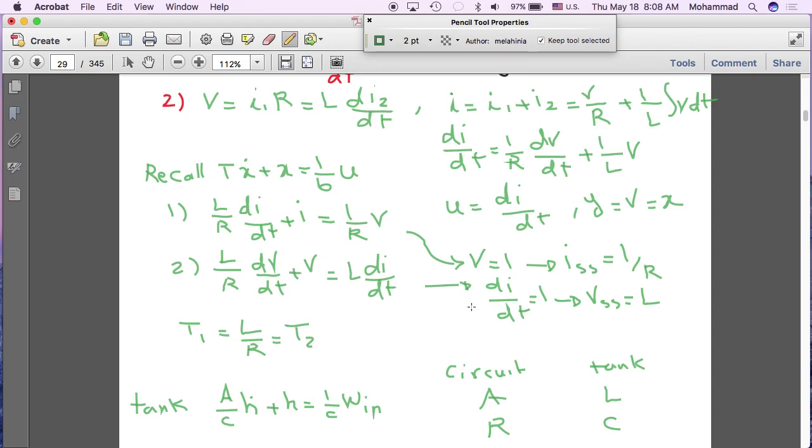And how do you find the steady state value of a variable when you have a differential equation capturing its change? What is the method? So how do you find steady state value?